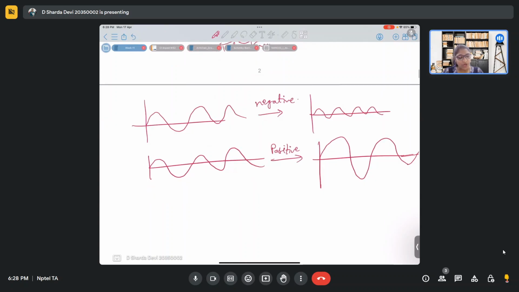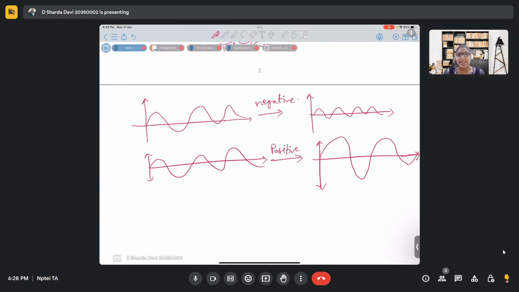So in oscillators, first of all, do we give any input? No. So how do we get the oscillations out of our oscillator? The output of the ladder is given to the amplifier, and in turn the output of the amplifier is given to the RC ladder in the case of RC oscillators.